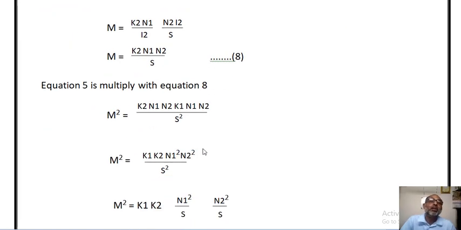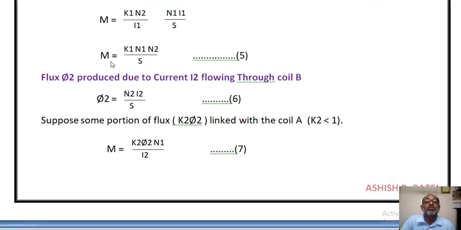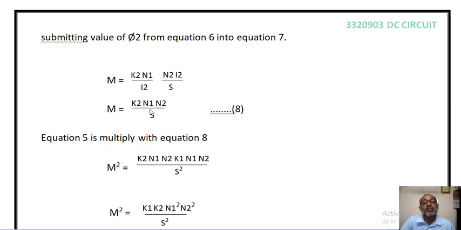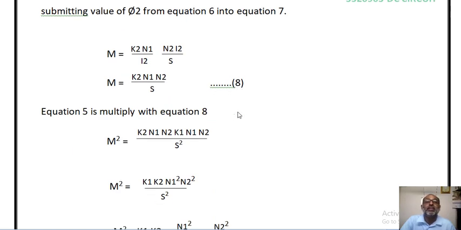Now the equation number 5 is multiplied with equation number 8. Here, equation number 5 is the mutual inductance between two coils, and in the second case, the mutual inductance with this coil is equation number 8. Now multiply both equations 5 and 8 with each other.